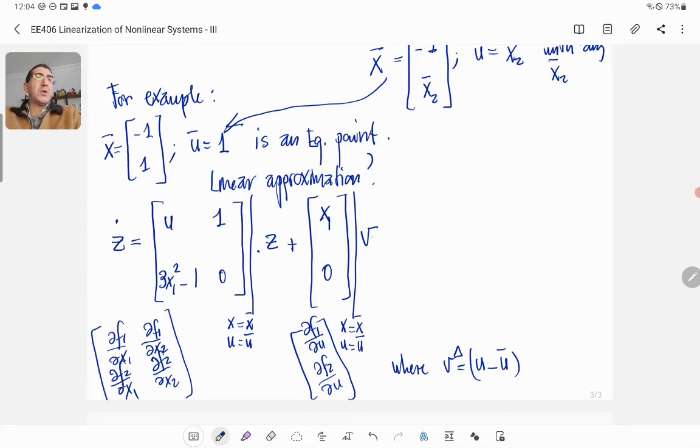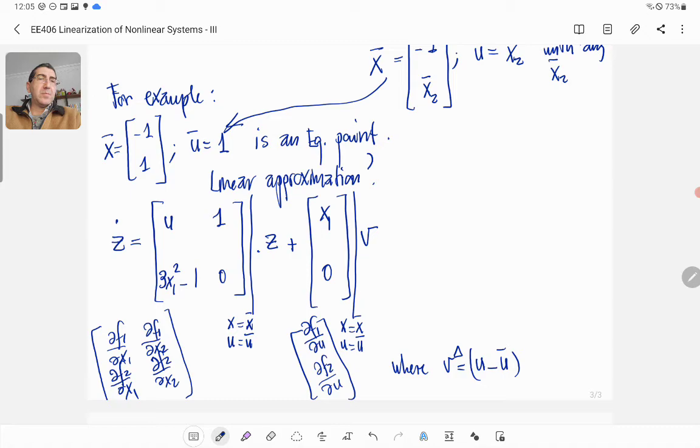So this is your new shifted input. Remember, for those of you who have taken 407, we call these the deviation variables, the deviation state and the deviation input.